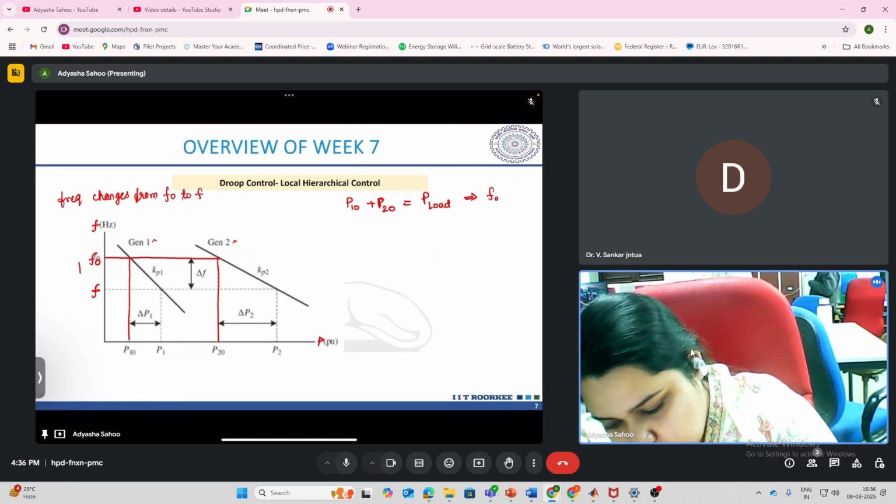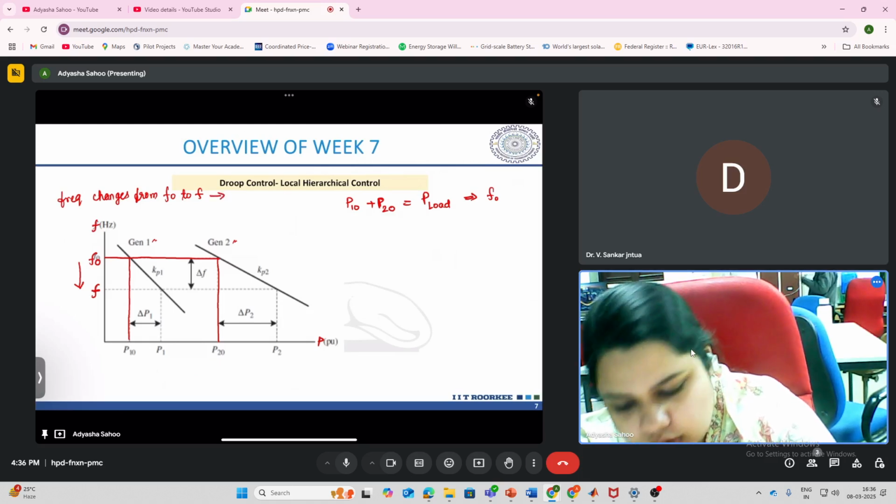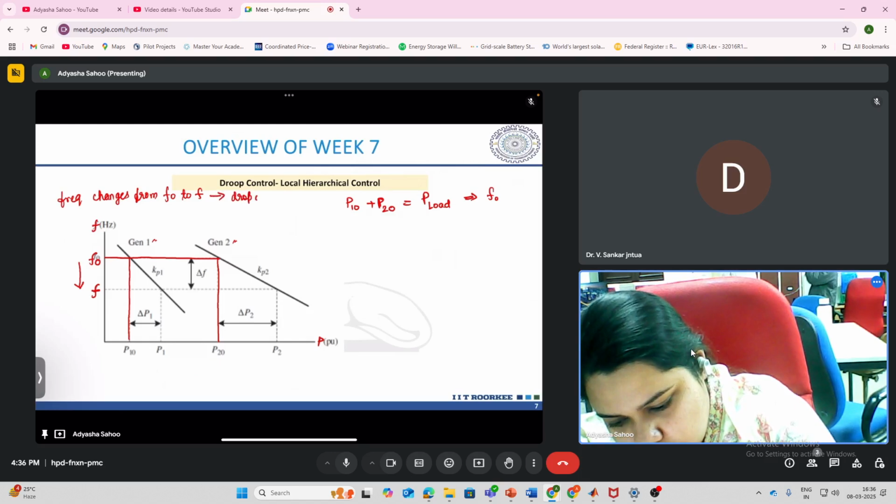So there is a drop in frequency here, right? Frequency will drop means the load has increased. Drop in frequency implies increase in load.